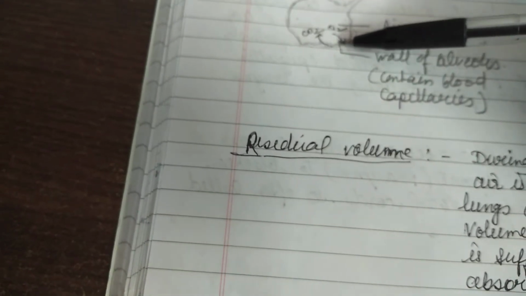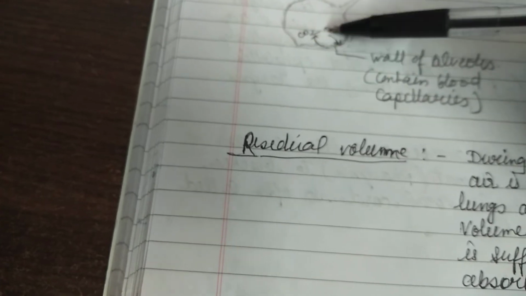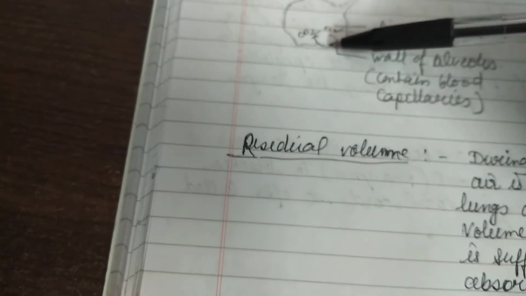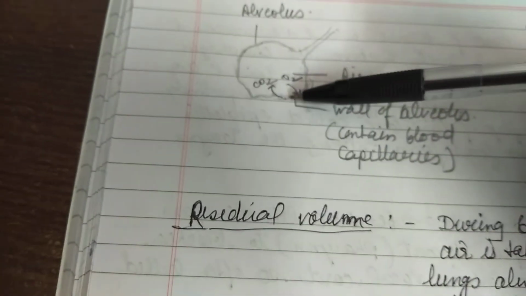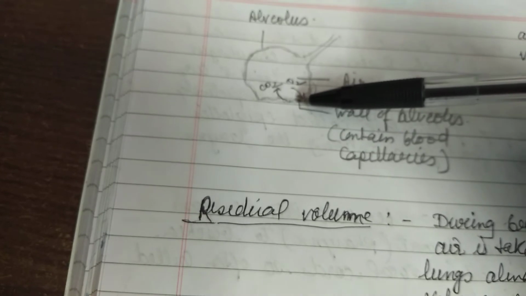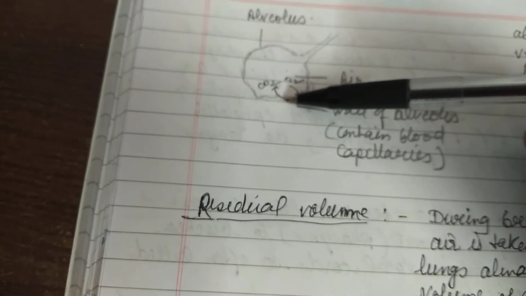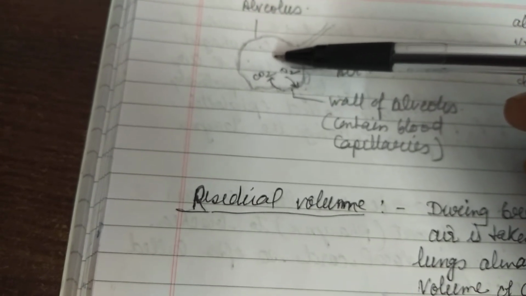Why is it happening here? Carbon dioxide moves because in blood CO2 is more, right? And here in the alveolus CO2 is less. So there is a difference in pressure. Because of that difference, in blood the pressure of carbon dioxide is more, in the alveolus it is less, so CO2 moves from blood to alveolus.